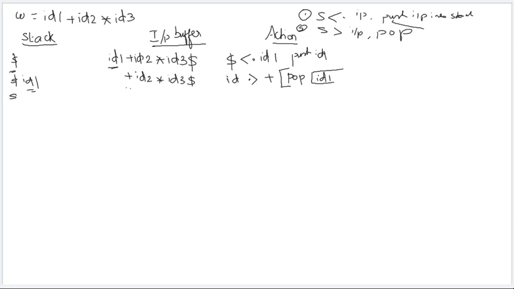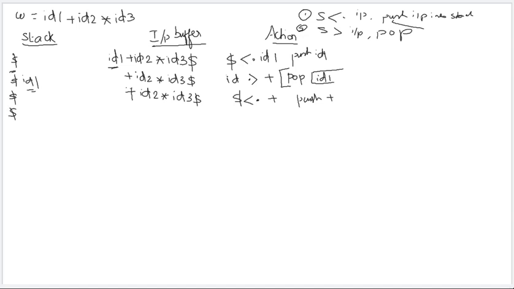Now the stack becomes dollar, and the buffer is plus id2 star id3 dollar. Now what is the pair available? It is dollar and plus. Dollar has lesser precedence over plus. So what we have to do is push the element into the stack.